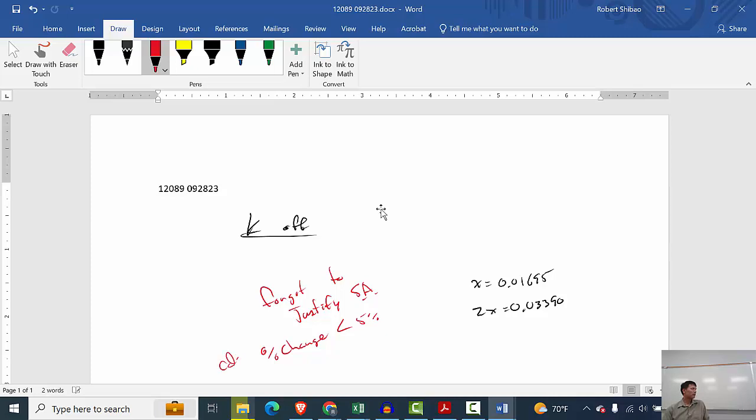This is the calculated percent change, and it's estimated because we're using the simplifying assumption. And so what was the bigger change, X versus 0.515 or 2X versus 0.53?